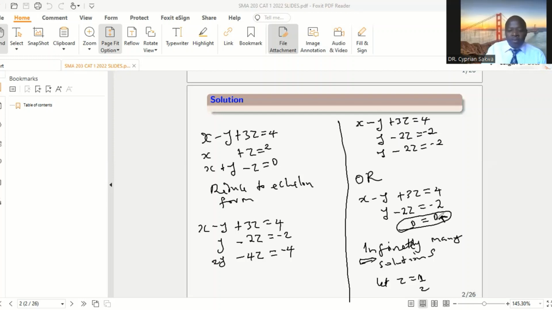Irrespective of what is on the right side, if you have a non-zero value on the left side, whether the right side is 0 or non-zero, then the system has a unique solution. That means it will have only one solution.